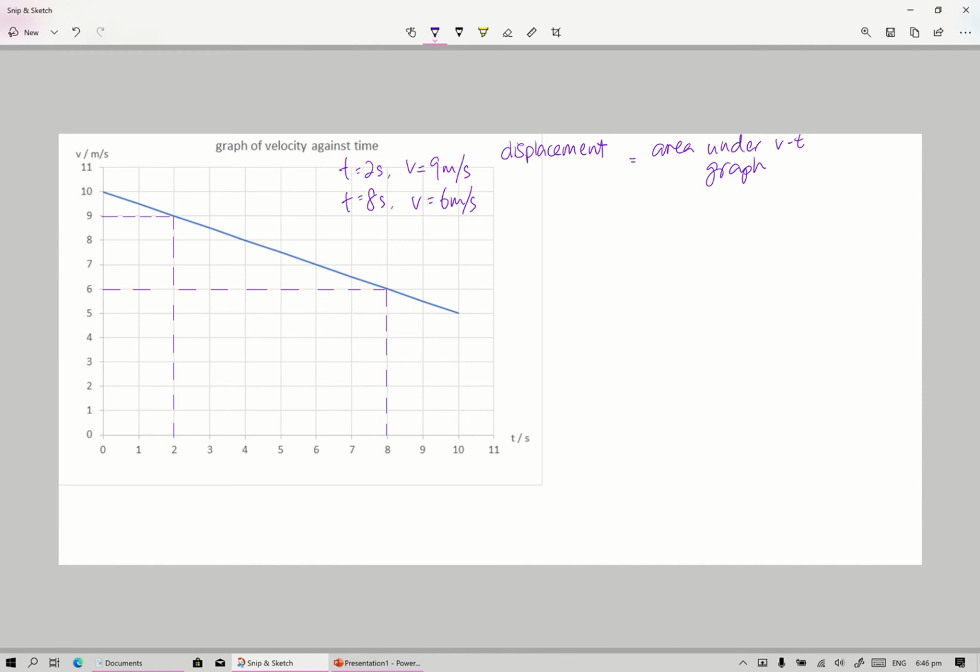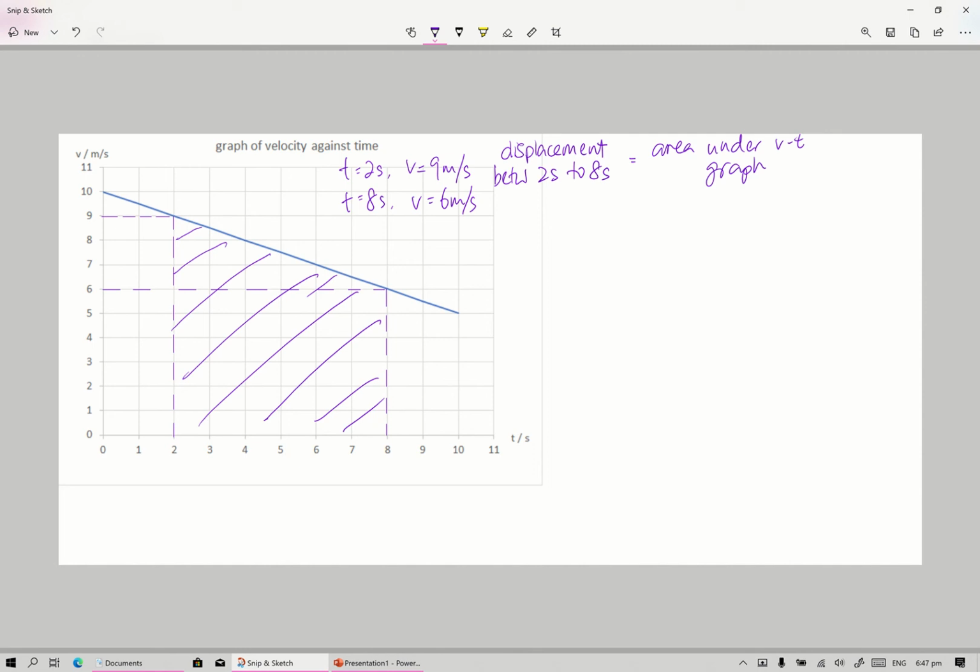So from 2 to 8, I'll just shade the area that we are interested in. And that's the area of this graph. Sorry, I should have written displacement between 2 seconds to 8 seconds. We are interested in the area under this graph.